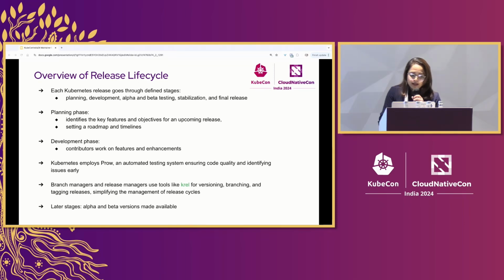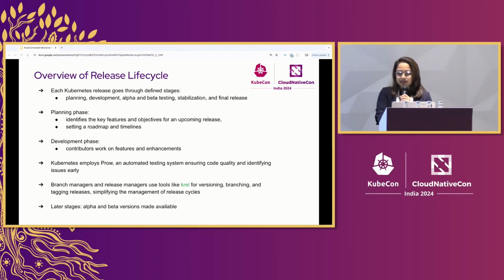Then, after the planning phase, the development phase is where all of the shadows, all of the team come together to put together all of the hard work done by the community members and volunteers. So all of their features, all of the PRs are tracked and merged on time.